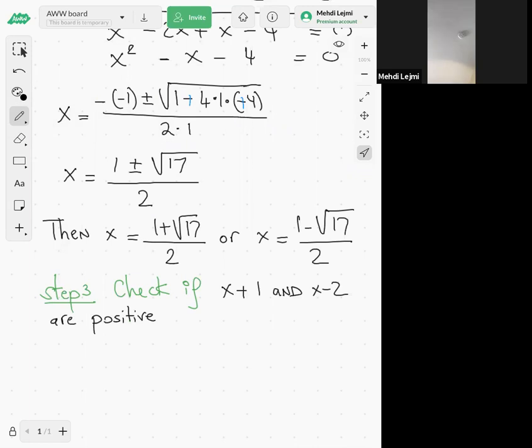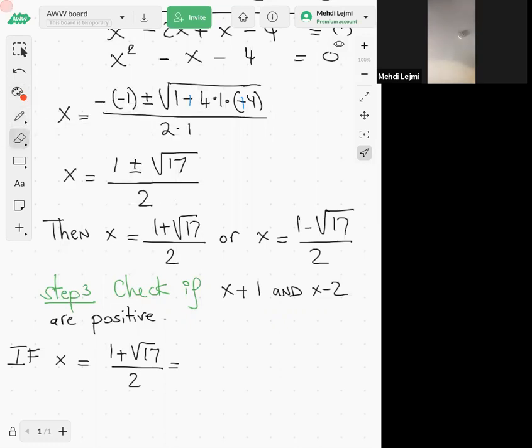Okay. So if x is 1 plus square root of 17 over 2, square root of 17 is approximately 4 point something, and then plus 1, that will be 5 point something, over 2, that will be 2.5 or 2.6.